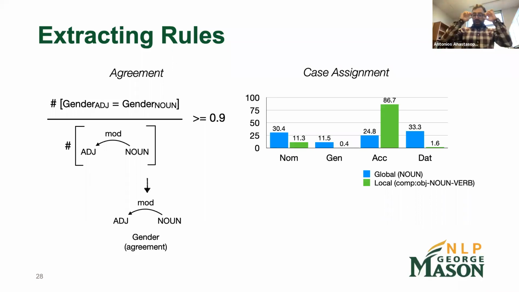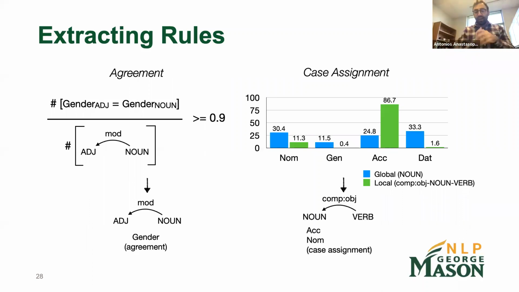So now we do again proper statistical tests, and from there we extract a rule that says, hey, objects in German should be in accusative, for example. Or they shouldn't be in genitive or dative, right? Because that's not what we observe.